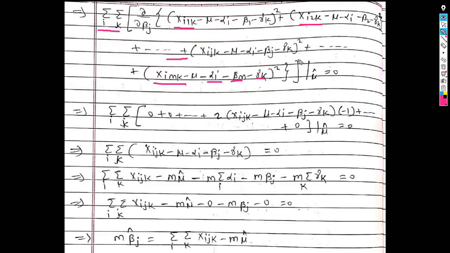Complete this curly bracket, then the square bracket, under mu hat equated to 0.